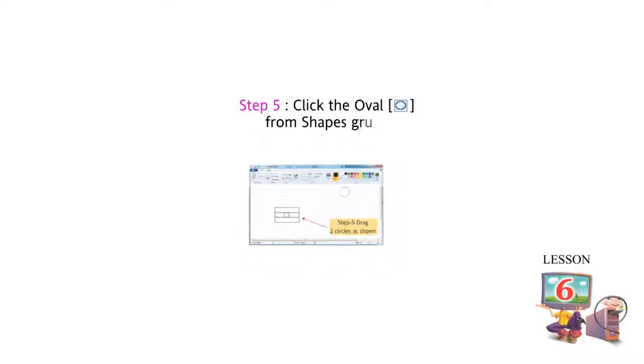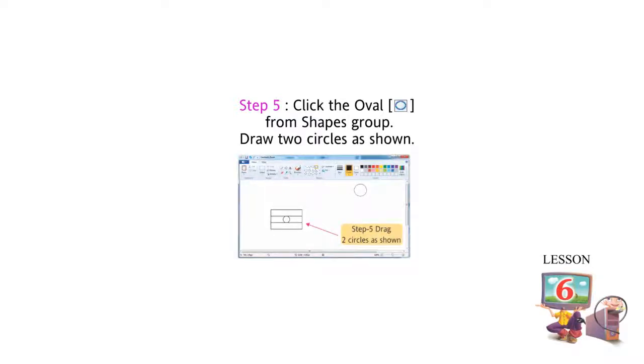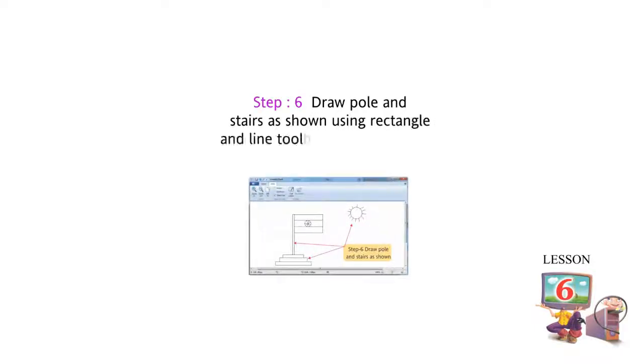Step 5. Click the oval from Shapes group. Draw two circles as shown. Step 6. Draw pole and stairs as shown using rectangle and line tools from Shapes group. Also draw lines on sun.